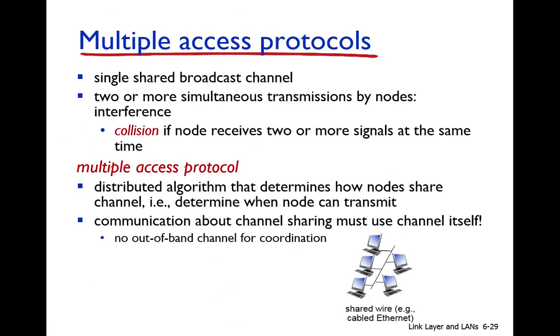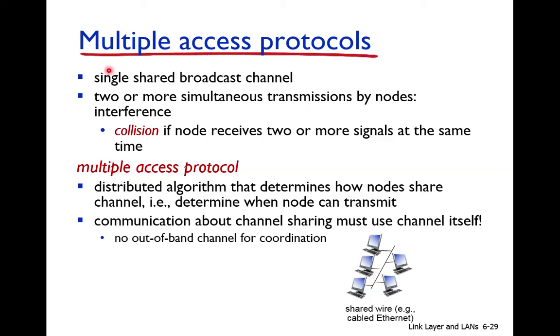If a single shared broadcast medium is used by more than one machine, we need a multiple access protocol, so that if one node is transmitting, the other node should not transmit, because if two or more nodes transmit at the same time, a collision will occur.